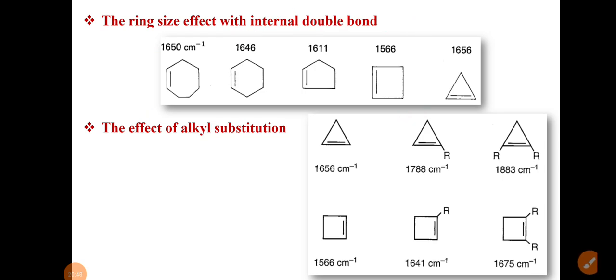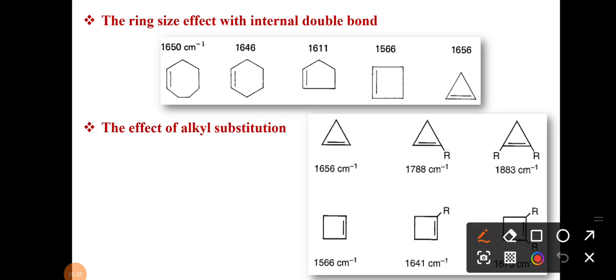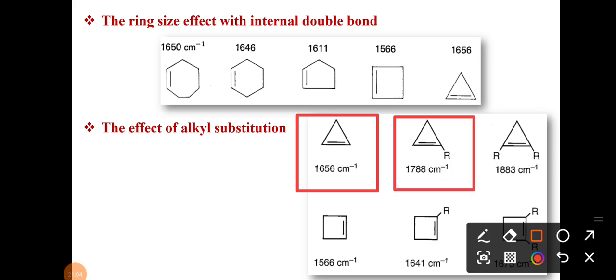Okay, the next one, the effect of alkyl substitution. That is also directly proportional to the vibrational frequency, right. If you are adding one alkyl group here, here is just a cyclopropyl ring, that value increases from 1656 to 1788, and again it is increasing if you are adding one more alkyl substitution, that is 1883, right.